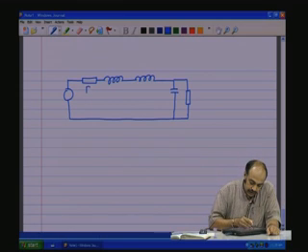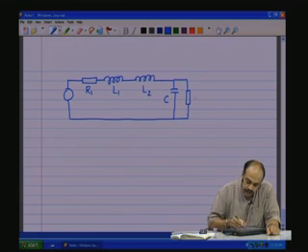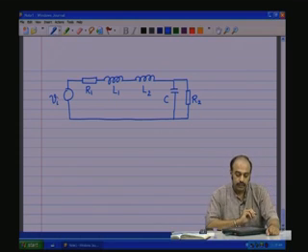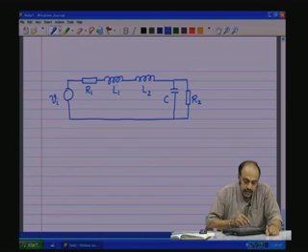So, here you have R1, L1, L2, C, R2 and an input source Vi. Apparently, it looks like there are three energy storing elements, L1, L2 and C, and therefore, there should be three state variables, but it is not actually so.